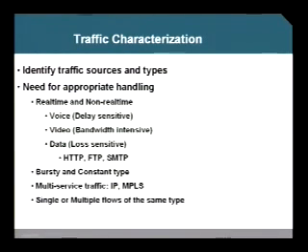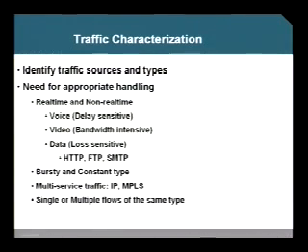The three types of traffic that are out there today include data, video, and voice. And the characteristics of these types of traffic, again, would depend on them being bursty or constant. And as we talked about in IP, we have V4 and V6, and there's MPLS as well.